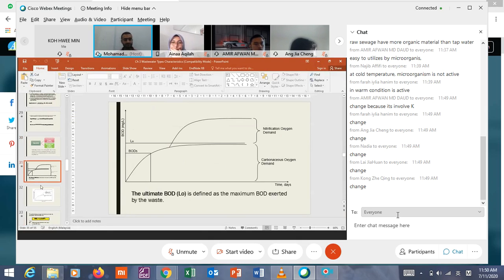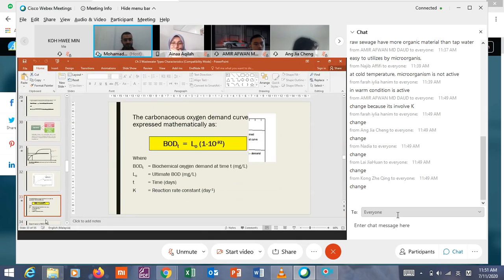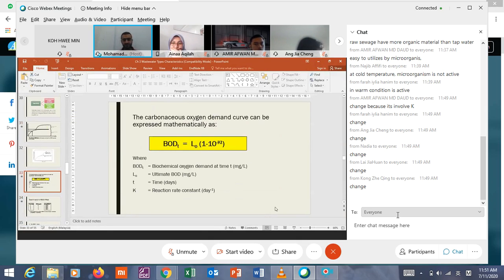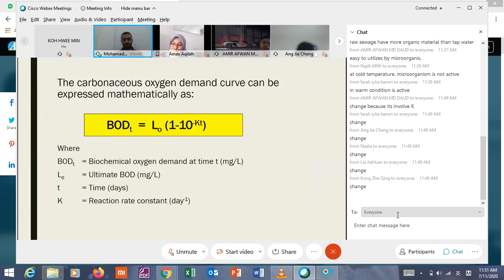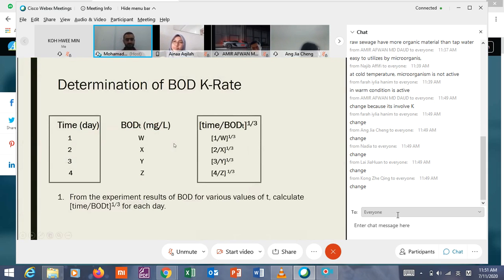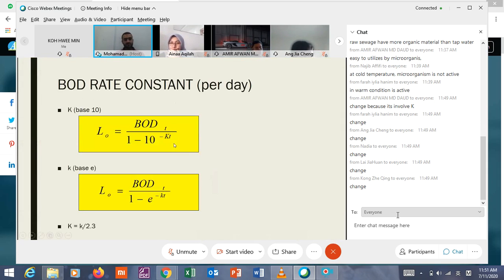Here is the equation: L naught equals BOD over 1 minus 10 to the power minus KT.